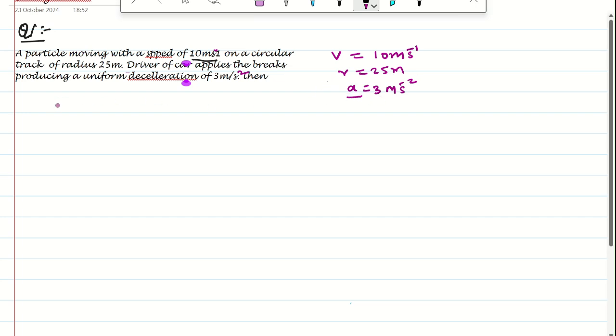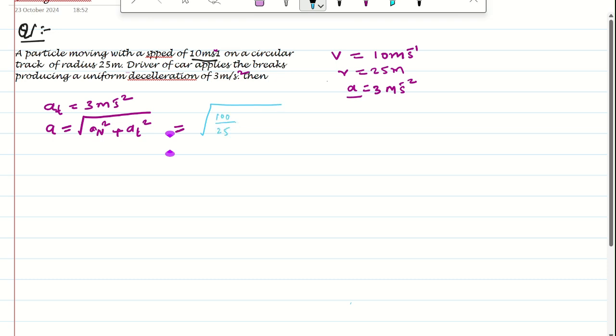This a is linear acceleration, which we can call at, equal to 3 meters per second squared. Now if he is asking for the acceleration just after applying the brakes, it is root over an square plus at square. According to the given data, an is equal to v square by r, so that is root over (100 by 25) whole square plus 3 square, which is equal to 5 meters per second squared.